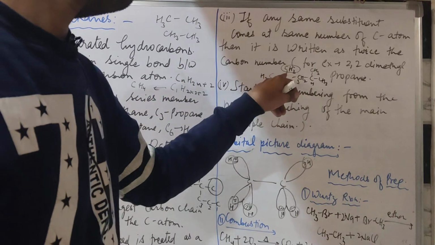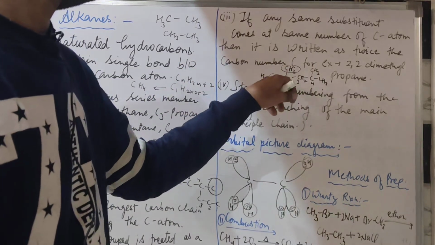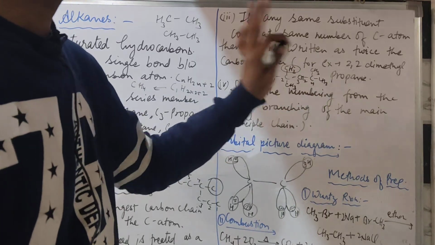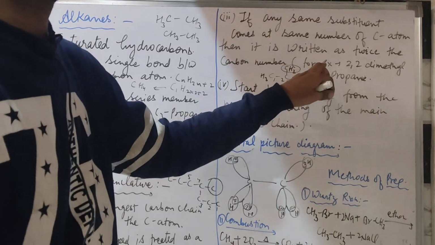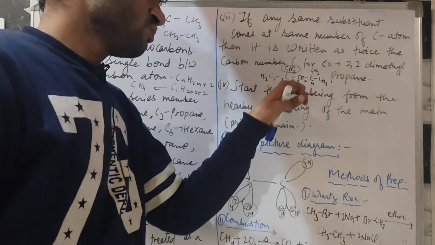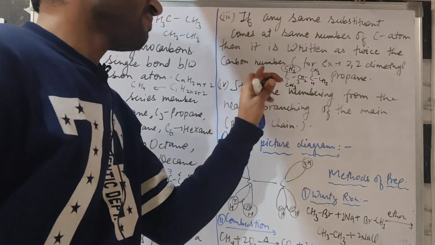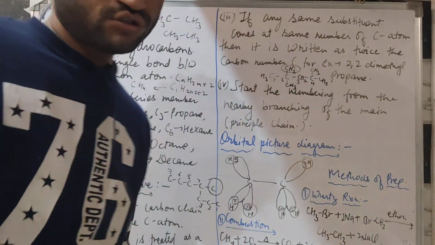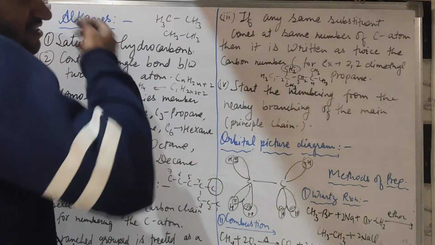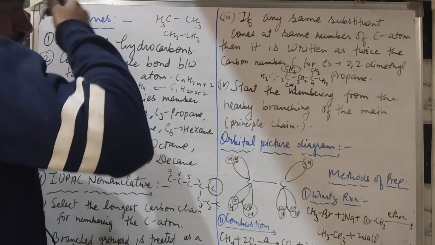So if they are attached to the same carbon, it is di, and if attached to different carbons with the same group, it is tri. So 2,2,4-trimethylpentane. In this way you can easily formulate any organic compound from its IUPAC name.